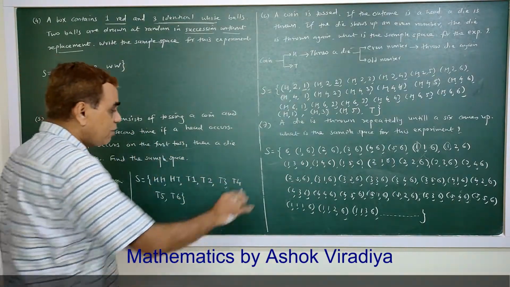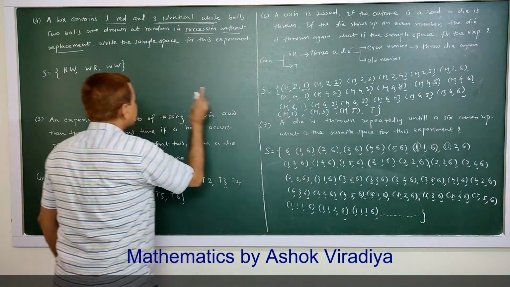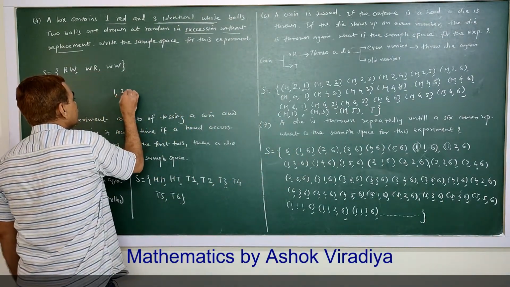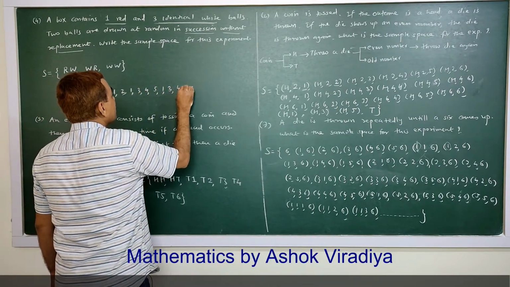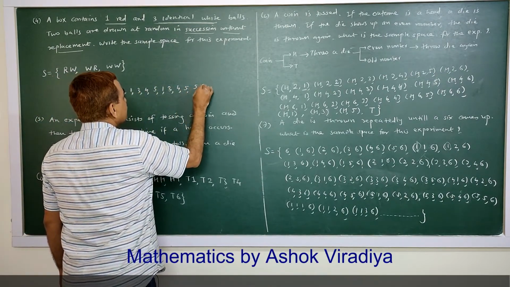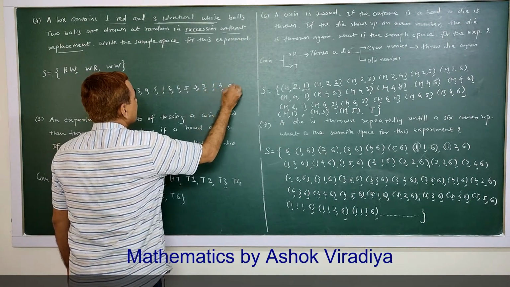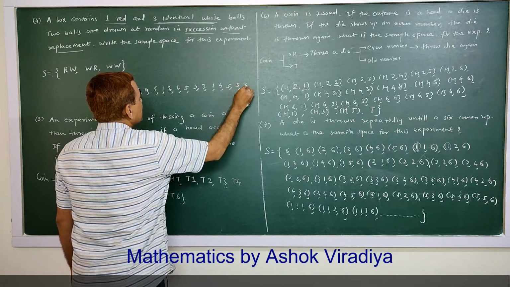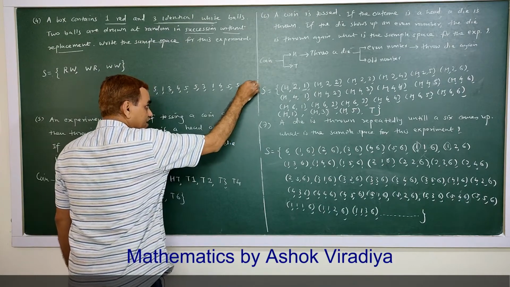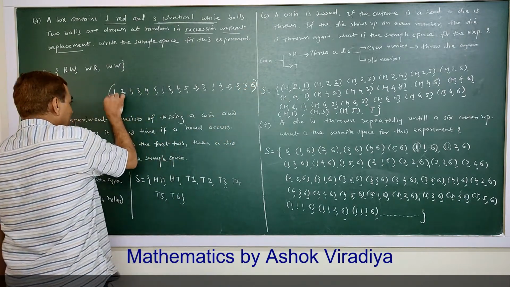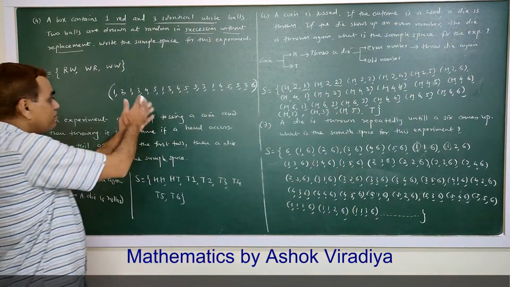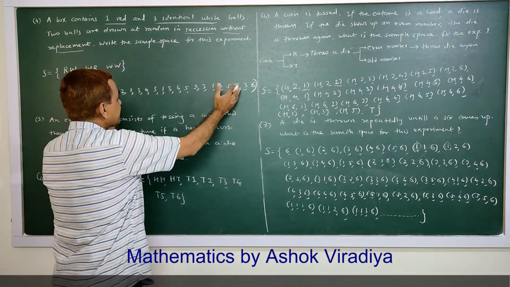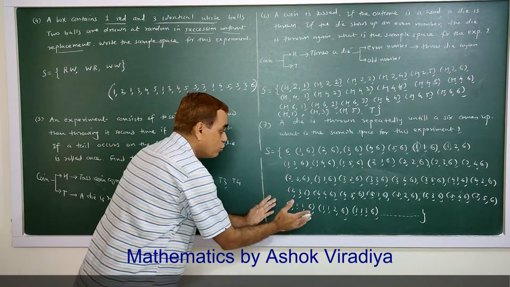One of the possible outcomes in this sample space can be like this also. Suppose 1 2 1 3 4 5 1 3 4 5 5 3 1 4 5 5 3, and then 6 appears. Then the experiment is over. So a bunch of such digits can appear as an outcome.